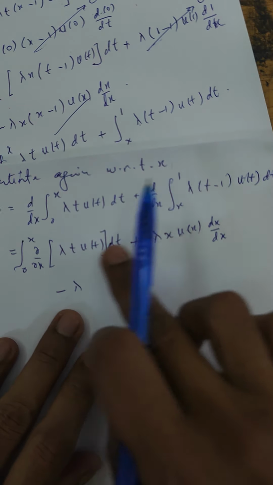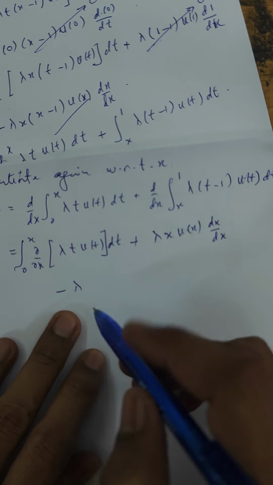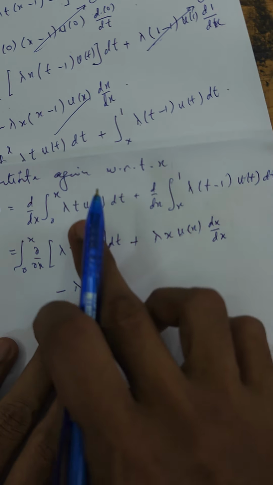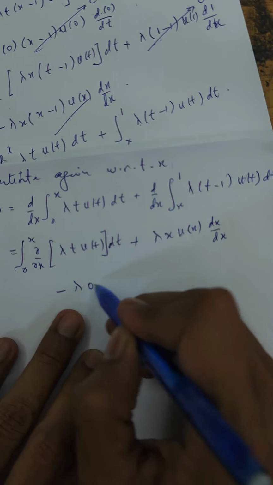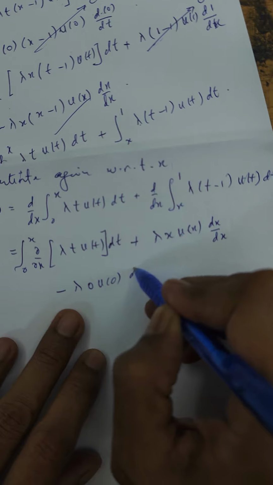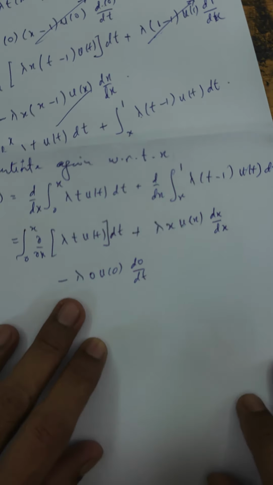So evaluated at 0, we have lambda 0 u0 d0/dt, that is the first term.